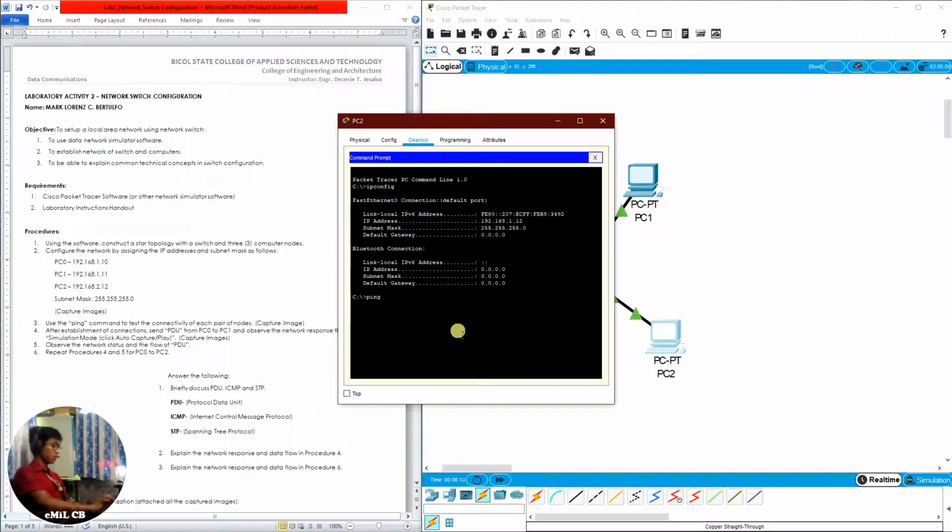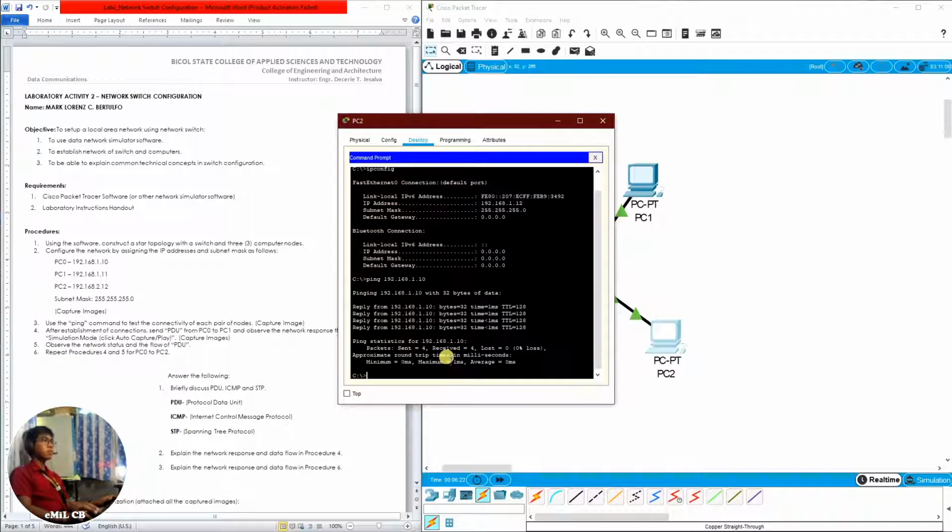We are going to ping PC0. The ping statistics show 0% loss, and the approximate round trip average is 0 milliseconds.